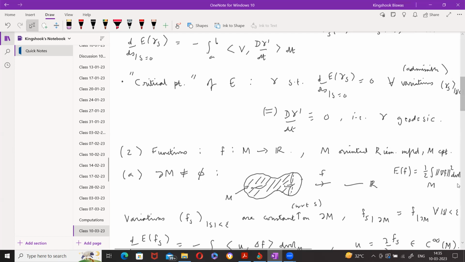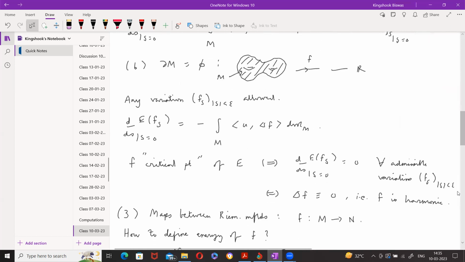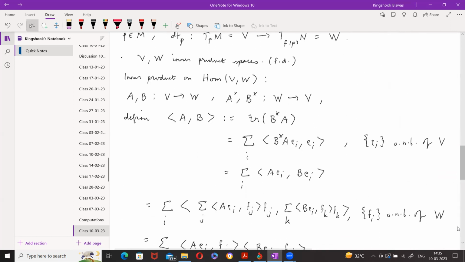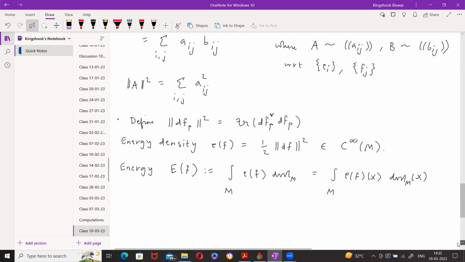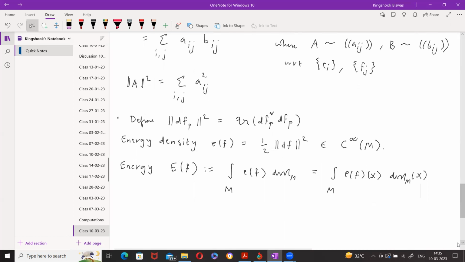Okay. So one might expect in the general case, for a function taking values in the real line, a scalar valued function, what is the second derivative? It's the Hessian, which you can think of as a symmetric bilinear form from the tangent space cross tangent space to R, right?